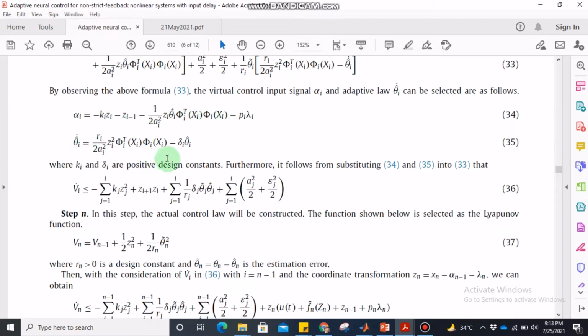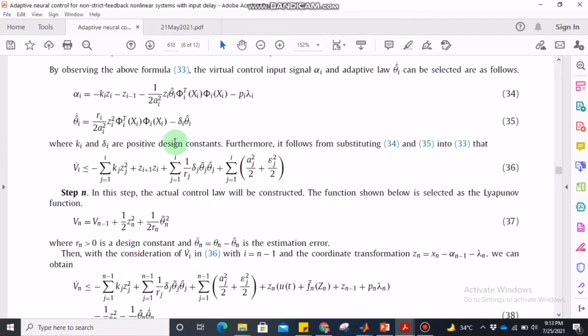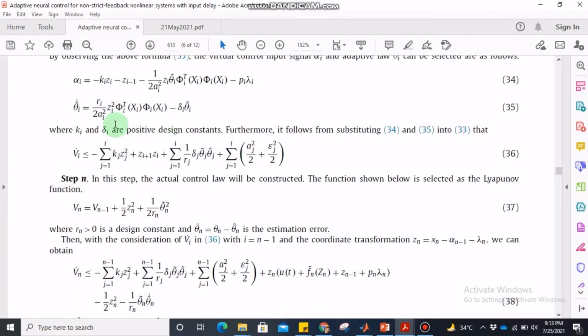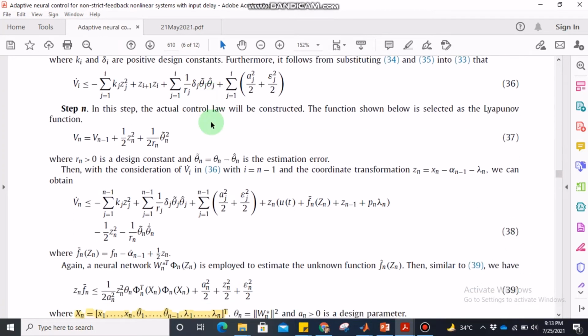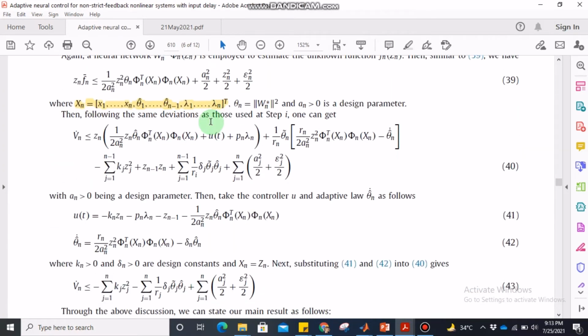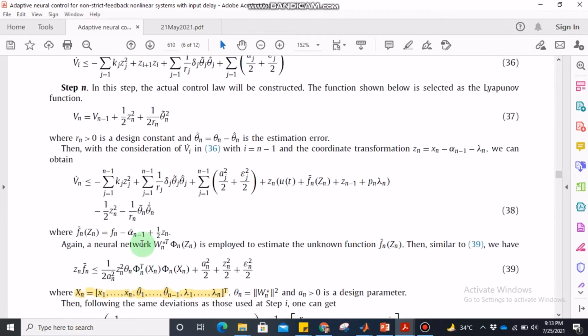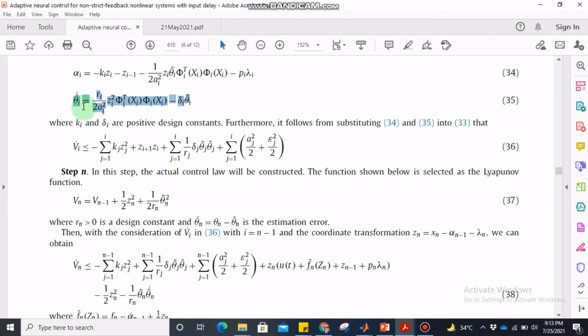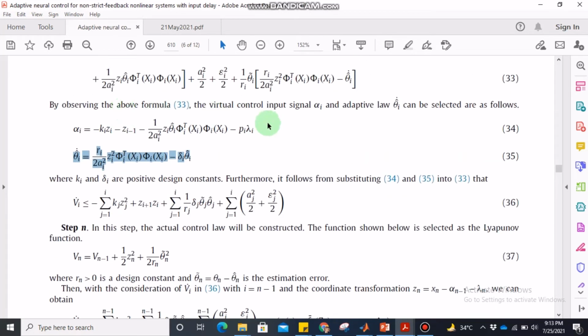This is again theta hat i dot, which is basically equation 35, and is very similar to equation 42. Equation 42 is for theta hat n, and this is for theta hat i, where i could be from 1 to n or something like that.